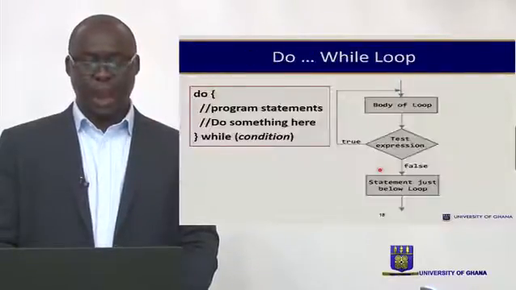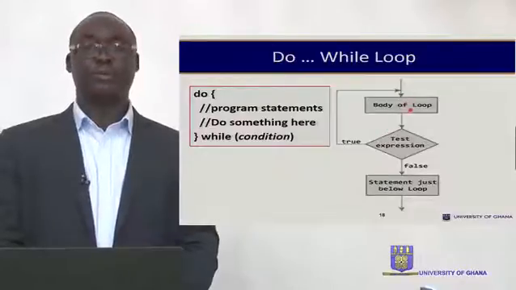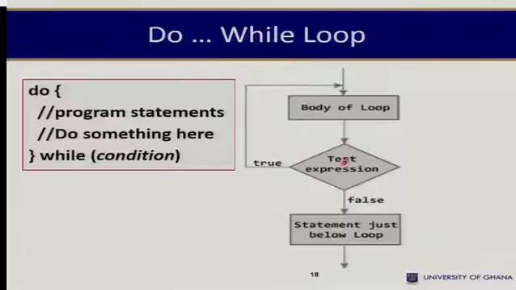However, for the do-while loop, the body of the loop is executed first before the condition is tested. So in this particular case, you have to make sure that your conditions are set so that the loop body is executed first. Okay. So for instance, this is properly used for convergence tests in mathematics.